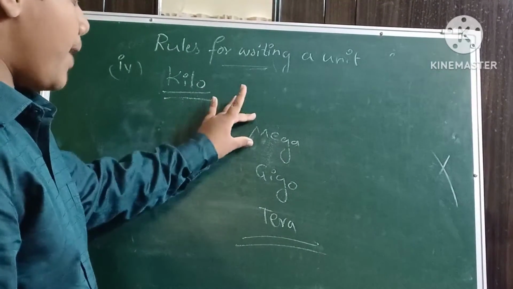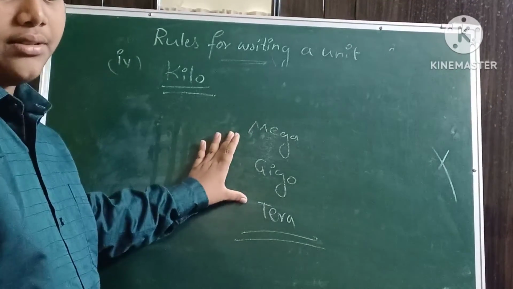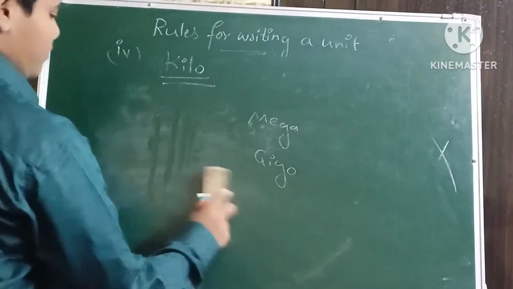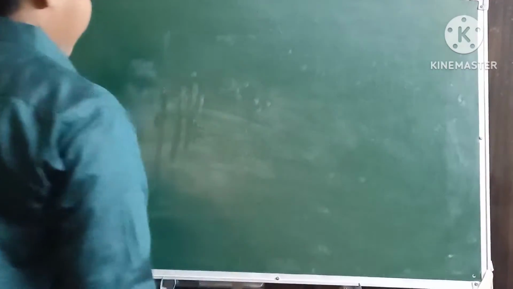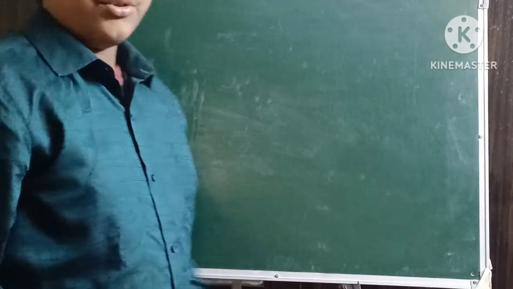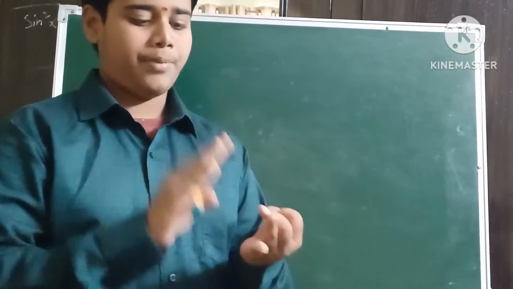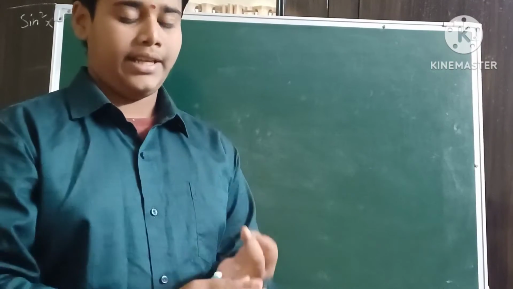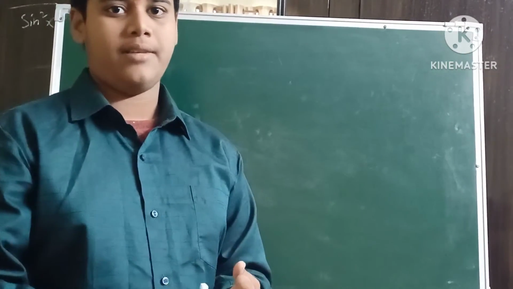This is the fourth rule. And the rules for writing a unit are completed. What should we remember? We should not write the scientist name in capital, and between prefixes there are no full stops, commas, hyphens, etc.